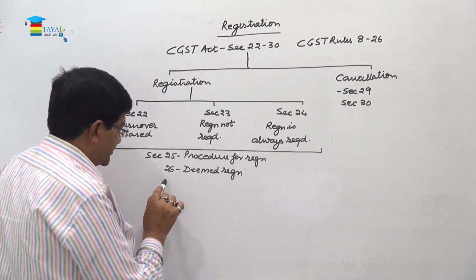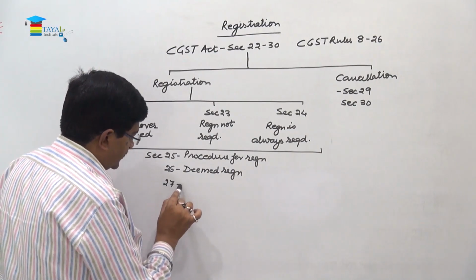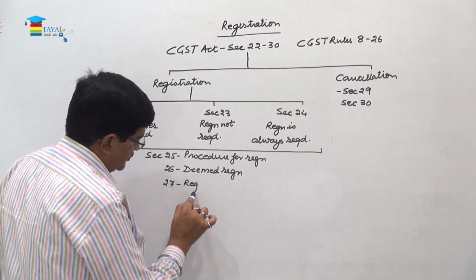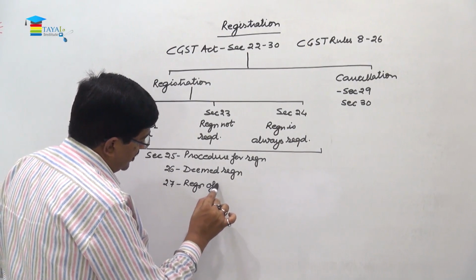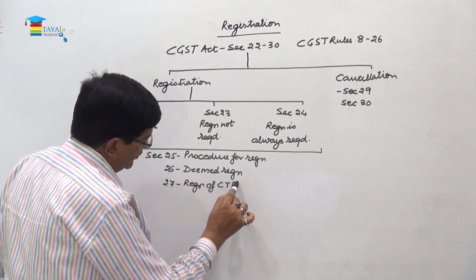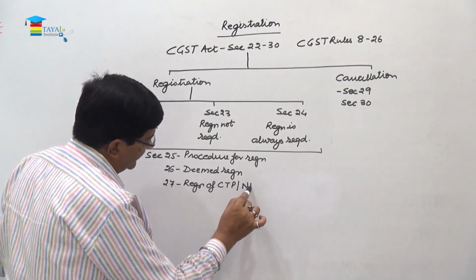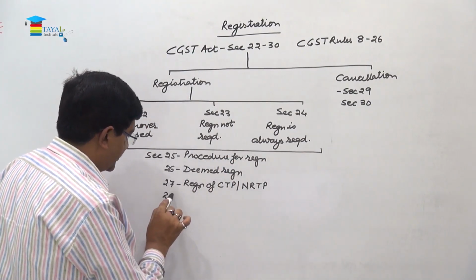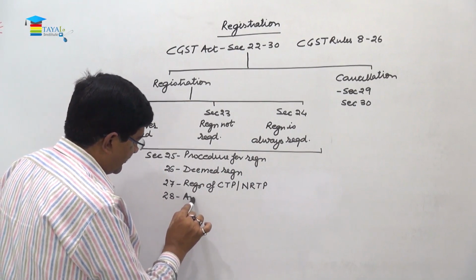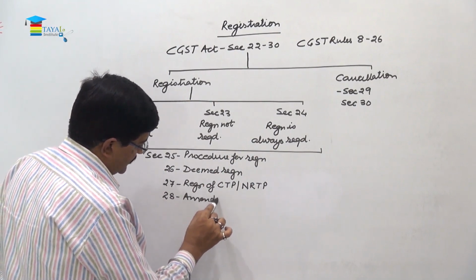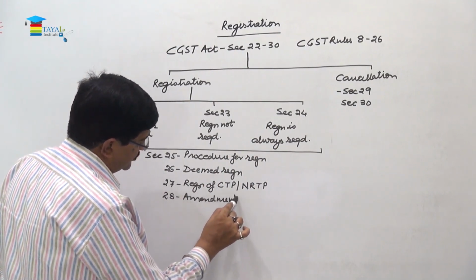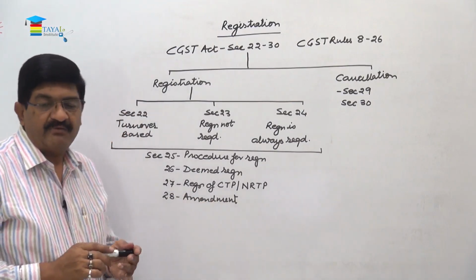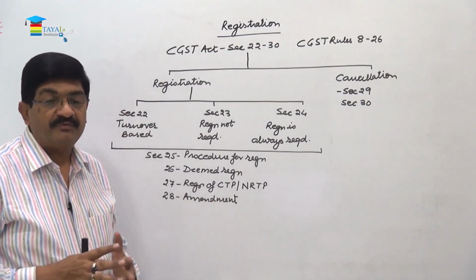Under section 27, this is registration of casual taxable person as well as non-resident taxable person. And section 28, this talks about amendment. Now when we say amendment, so this is the amendment of any information furnished at the time of registration.